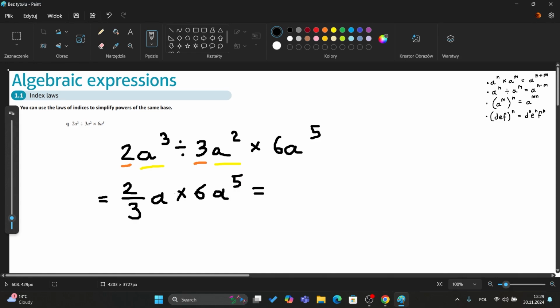So 2 over 3 multiplied by 6 is 4. Why? Because we do normal multiplication first, and then we deal with a and a to the power 5. So a multiplied by a to the power 5 is the same as a to the power of 5 plus 1, which is a to the power 6.